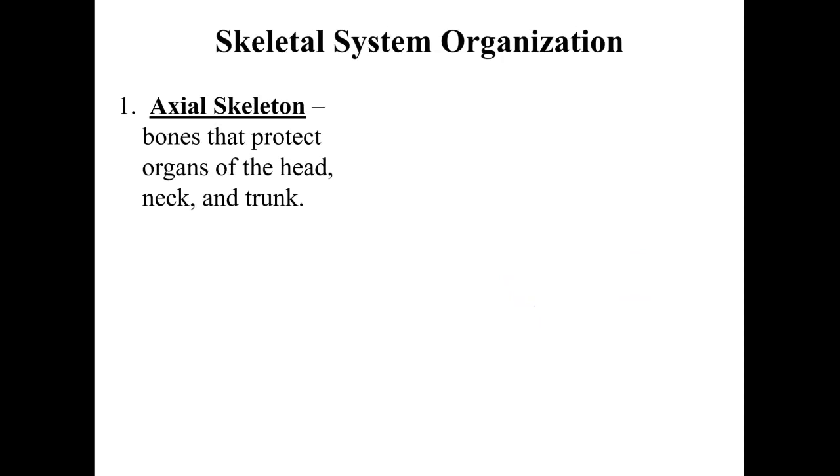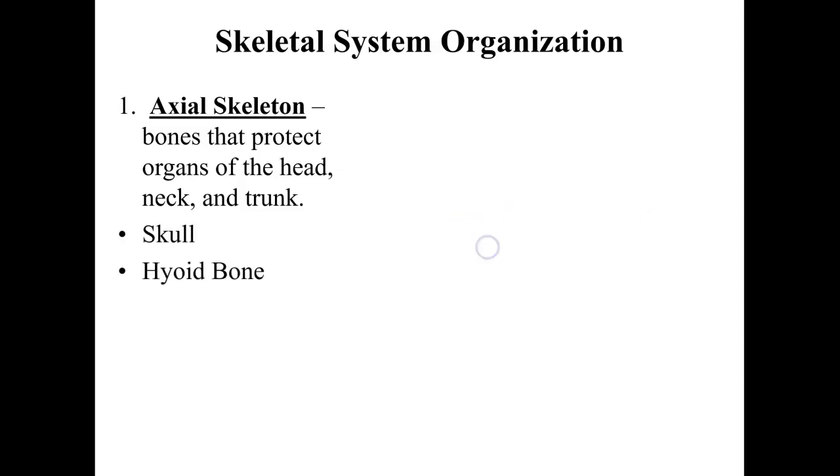Skeletal system organization. So we talked about it briefly in the last unit about the axial and appendicular skeleton, and let's go into that a little bit more. So this section that we're going to be looking at specifically with this video is going to be the axial skeleton. And so with the axial skeleton, the bones are going to protect the organs of the head, neck, and trunk.